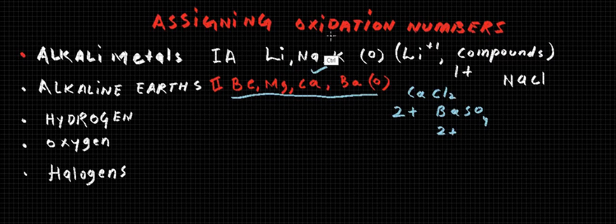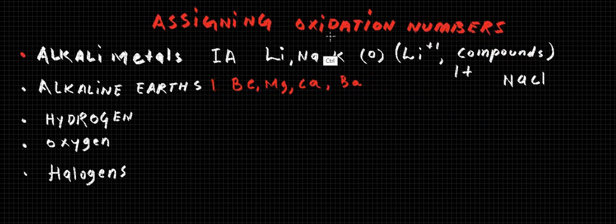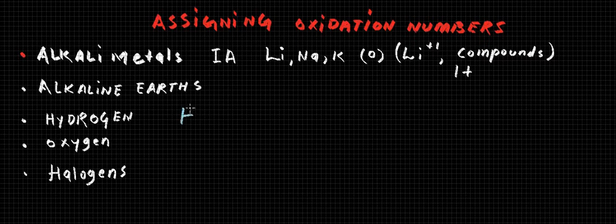Other frequent elements which are there, like we have hydrogen. Hydrogen has different forms. For example, hydrogen may be present in atomic state. Hydrogen may be present in its diatomic molecule.